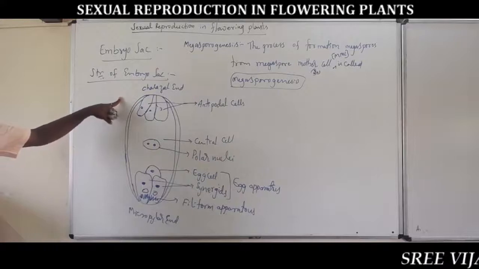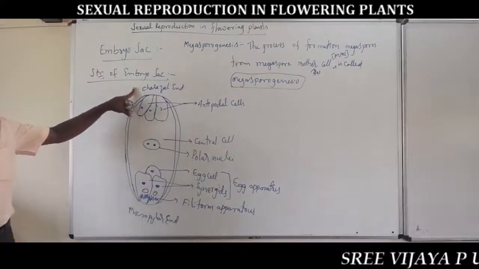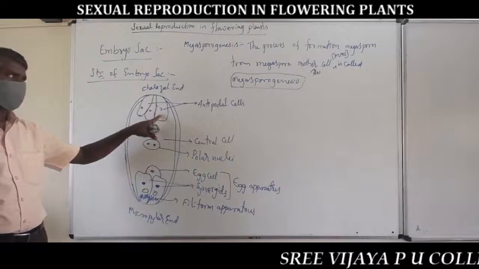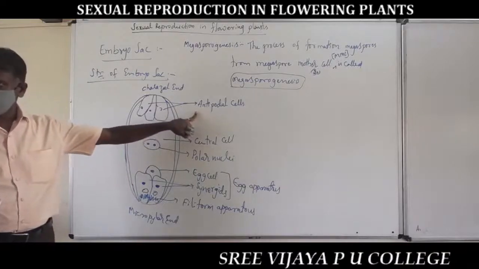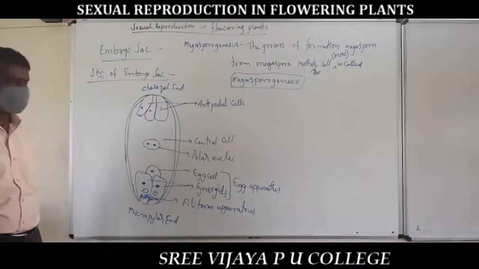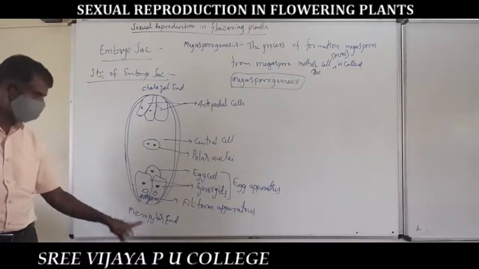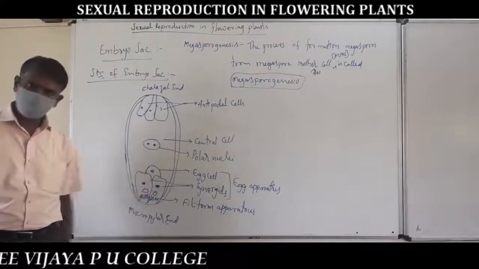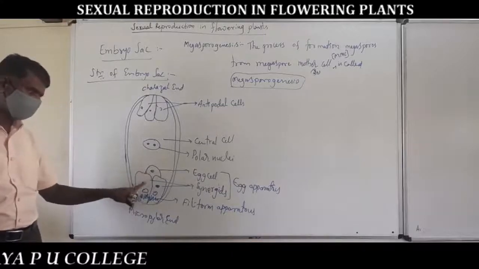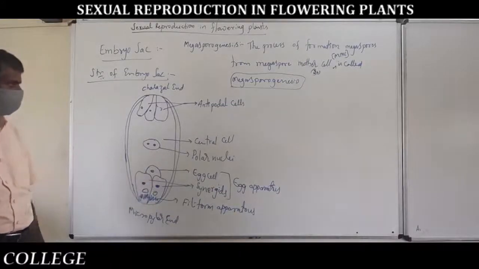In the embryo sac, towards the chalazal end, the three cells located are called antipodals or antipodal cells. The three cells present towards the micropylar end are called the egg apparatus, in which one is the egg cell and two are synergids.